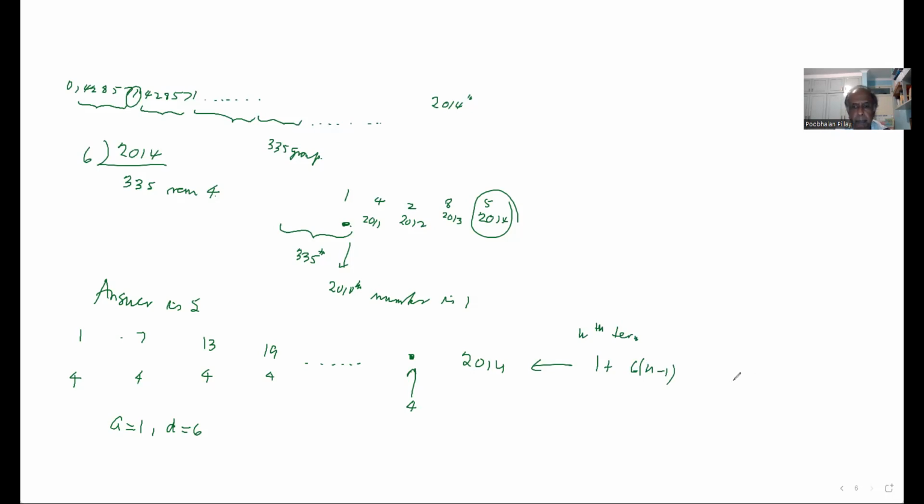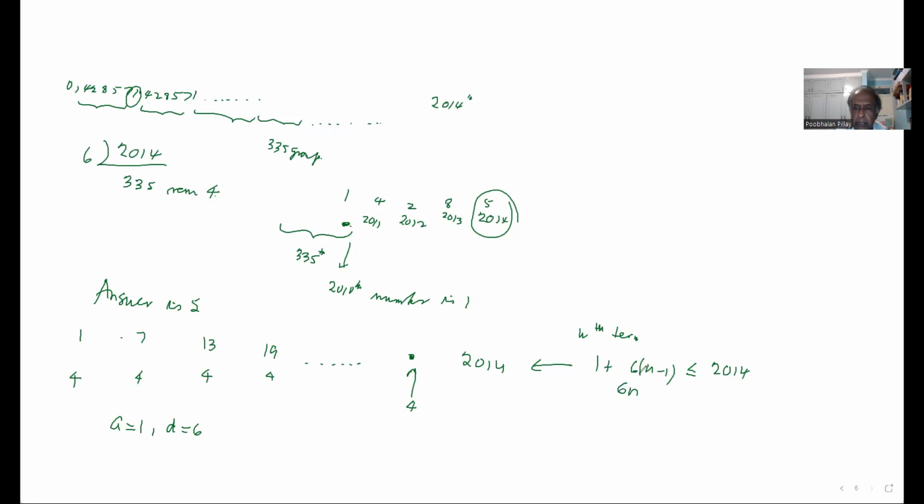That's the nth term. Now all these terms are equal to 4. Just remember that. So this number here is always equal to 4. You want to know which is the last one before 2014, right? So you're looking at all these numbers here, and you want to see the one which is closest to 2014, and now that becomes an inequality.